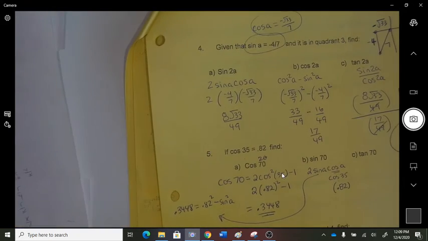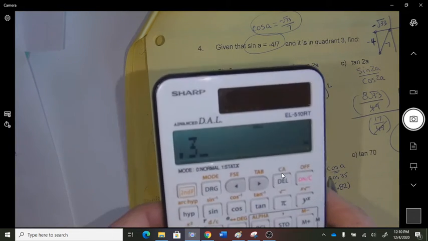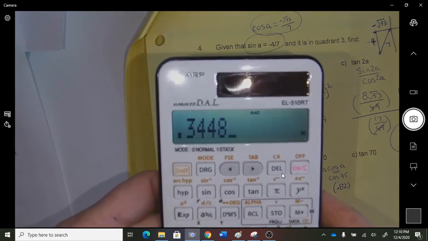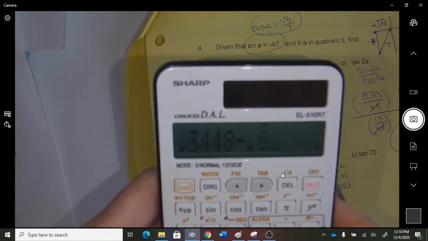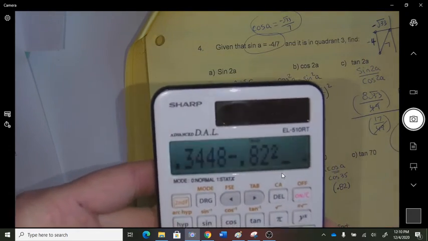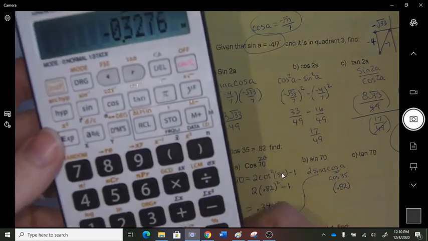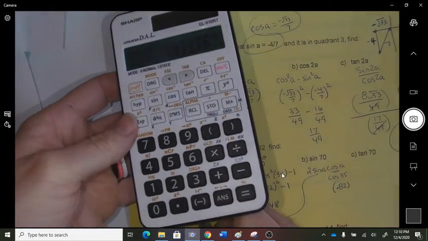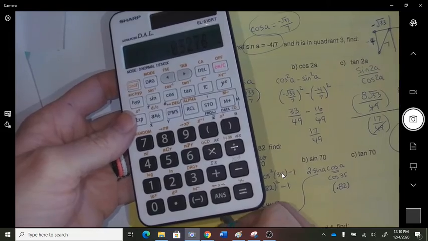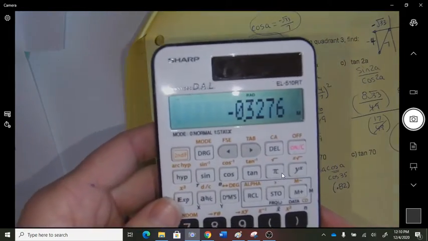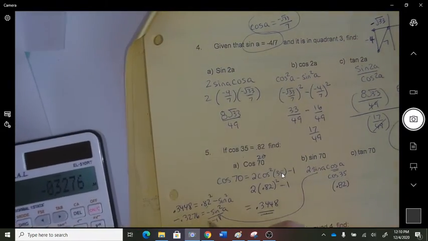Okay, so now I'm going to square this, move it over. Okay, so let me get a calculator here. So 0.3448 minus 0.82 squared is negative 0.3276. Okay, and then I'm going to divide by negative 1.